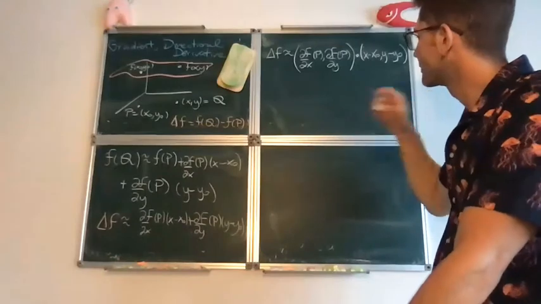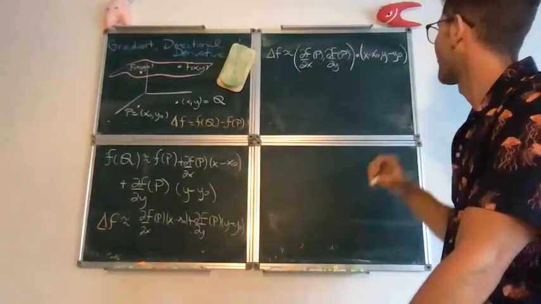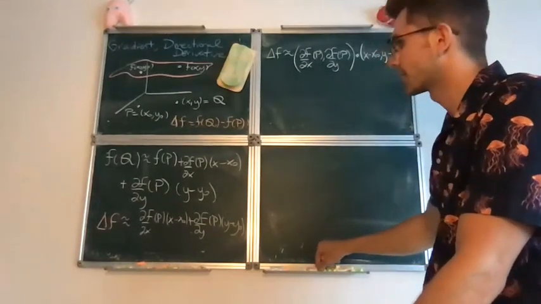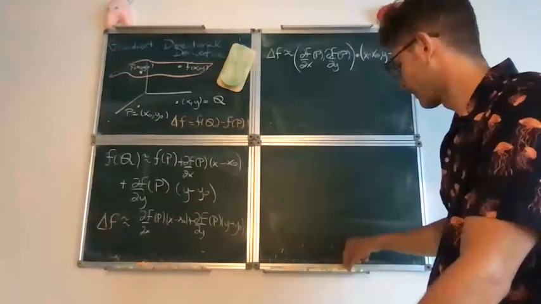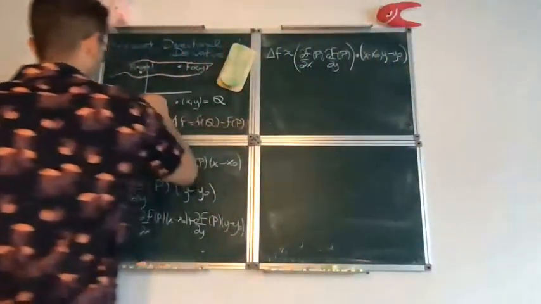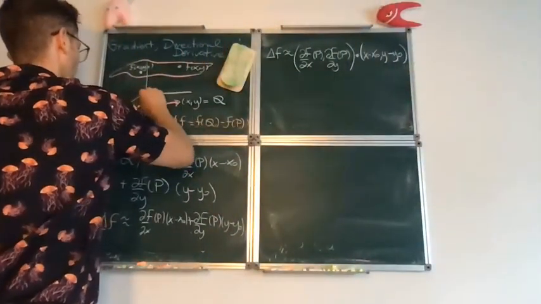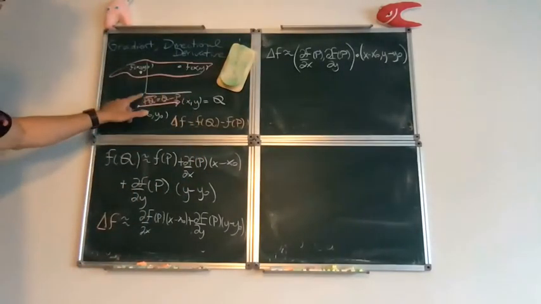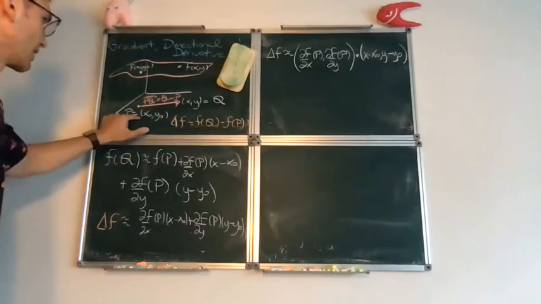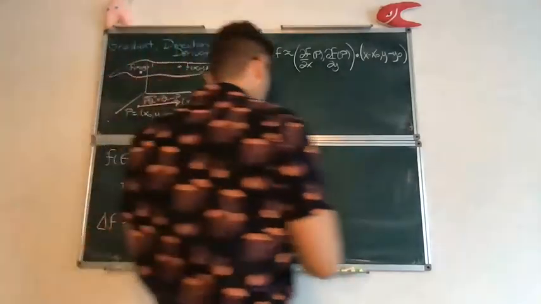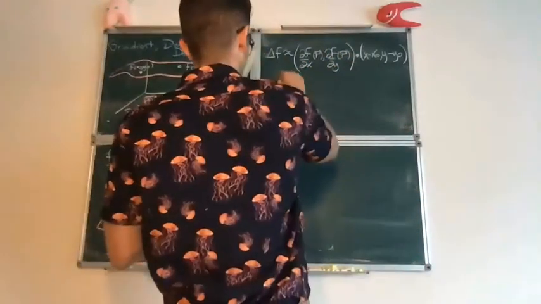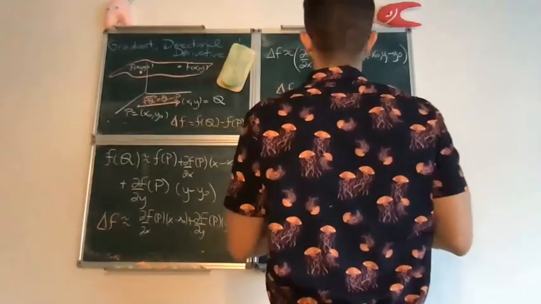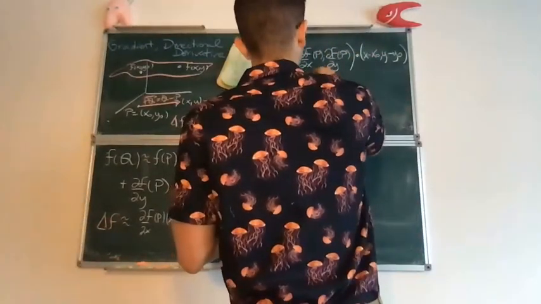And this is useful because we have seen this before, right? x minus x naught, y minus y naught. There's a displacement vector here, hidden somewhere, which is a vector PQ, which remember is Q minus P. And exactly the components of PQ are x minus x naught, y minus y naught. So really you can think of Taylor's approximation as saying that delta f is the same as the dot product of this quantity.